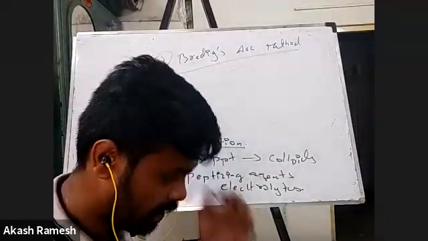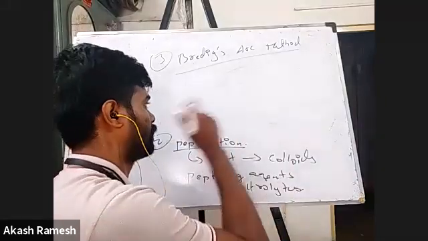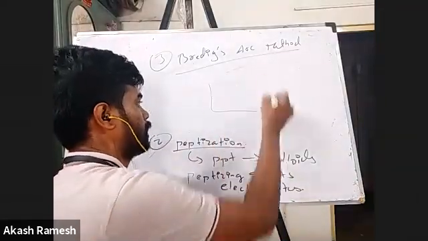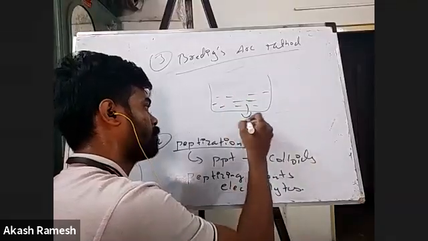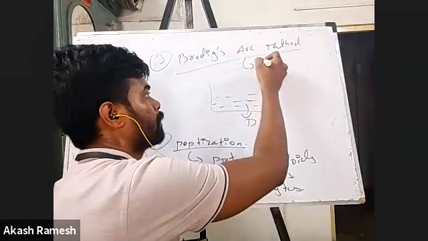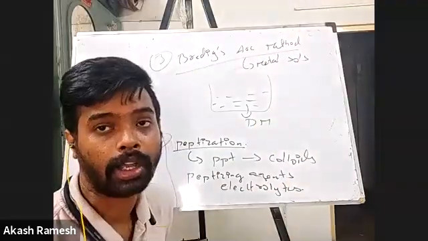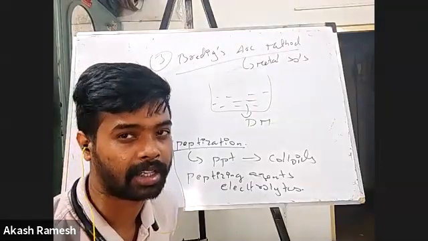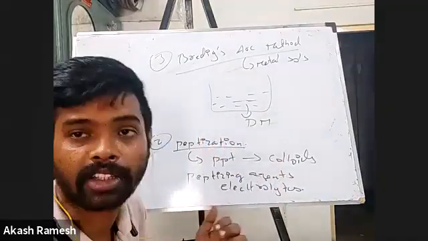So I'll go directly into the setup and how it looks. I'm going to have a vessel in which I will have whatever dispersed medium I want. Generally this will be used for producing metal sols, say gold, iron to some extent. Whenever you want to form metal colloids, generally this will be used.